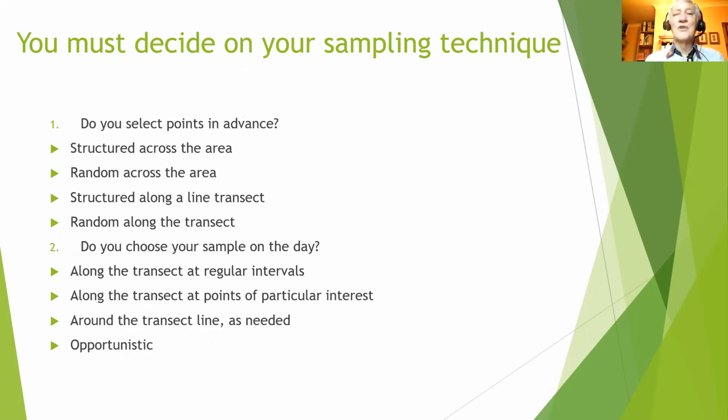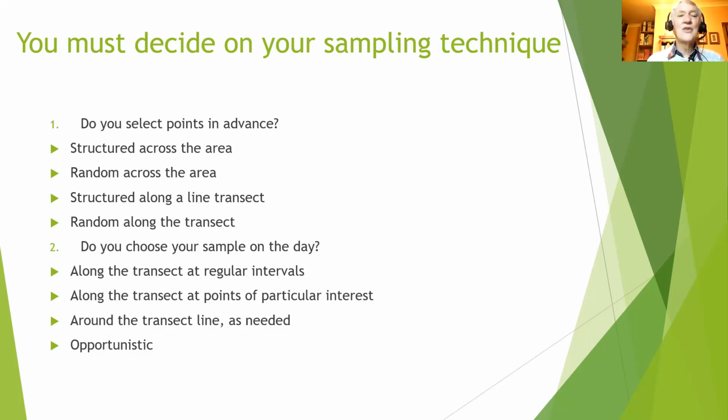You've also got to decide on your own sampling technique. When you're doing your Smelly Map, or whatever map you're doing, you know what the transect is going to be. Do you decide beforehand, I'm going to take my readings every 20 meters, every 50 meters?